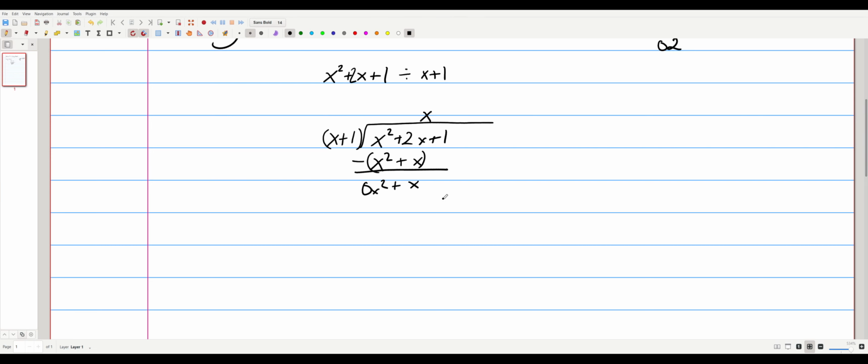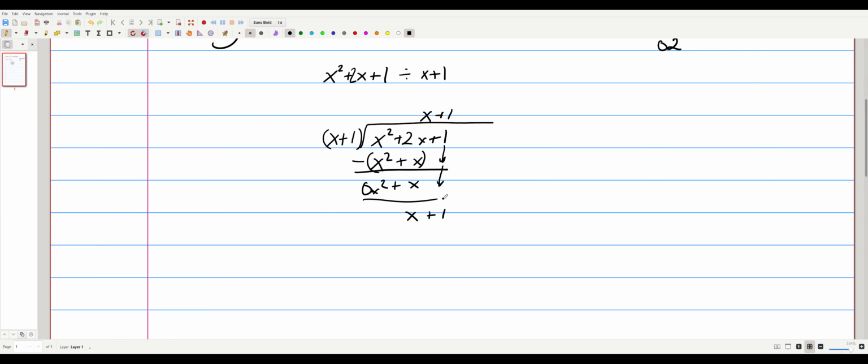Okay? And now we're going to ask ourselves the same question. So I'm going to rewrite this because 0x squared is just 0. So all we have right now is x. And so because we have a binomial here, I'm just going to go ahead and bring this one all the way down here. So we have x plus 1. And now you can see what we're really trying to figure out is how many times does x go into x? Well, it goes in one time. And what you'll notice is this binomial is the same as this one.